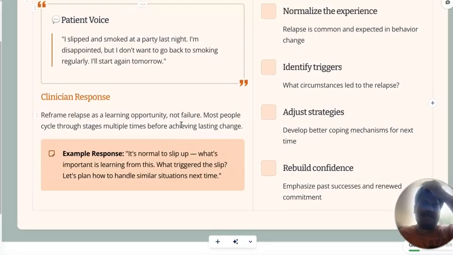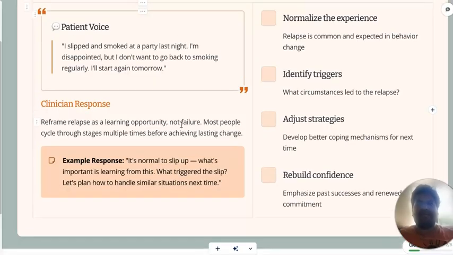For example, if the patient says, last night when I met my friends and they took me to the pub, I could not resist myself, then maybe you tell them, okay, from the next time when you go to the pub, you may take the nicotine patches with you. Or you may just tell the friends, I will be going with you, but please don't force me to smoke.